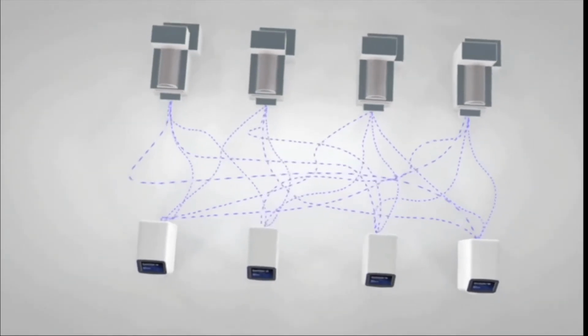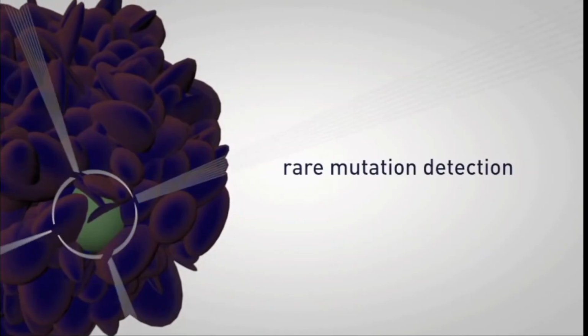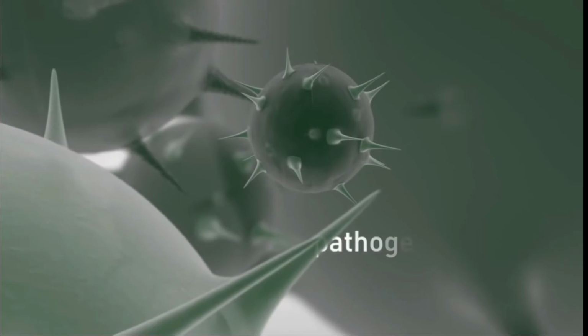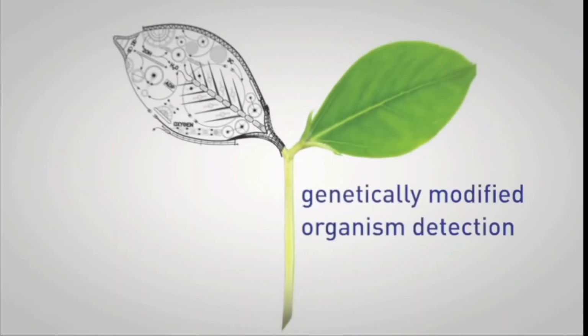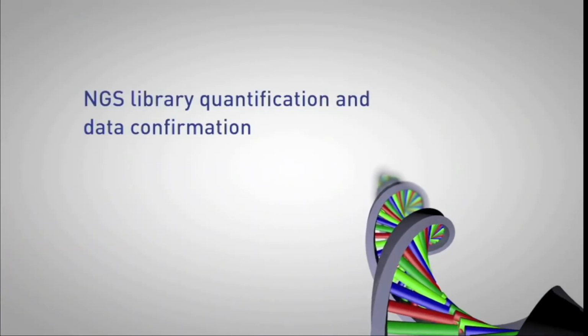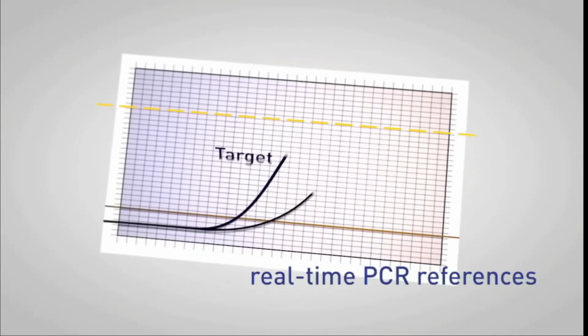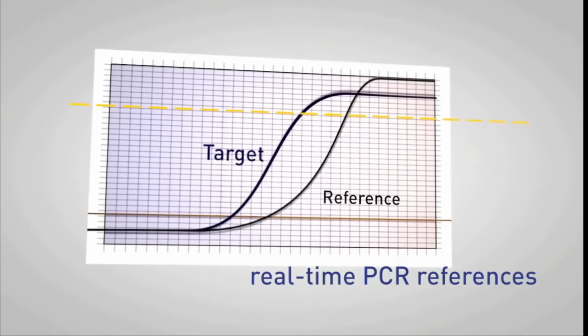And with these qualities, digital PCR is ideal for applications such as rare mutation detection, pathogen detection and quantification, genetically modified organism detection, accurately quantifying NGS libraries and validating sequencing results, and developing a reference for your real-time experiment when it doesn't exist, just to name a few.